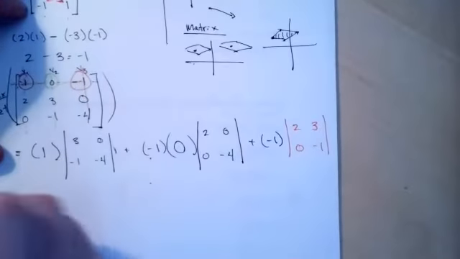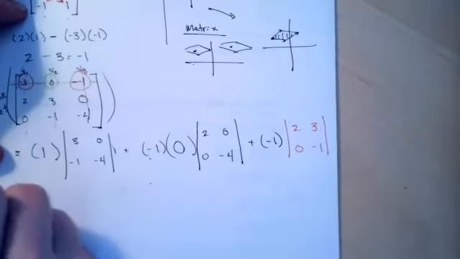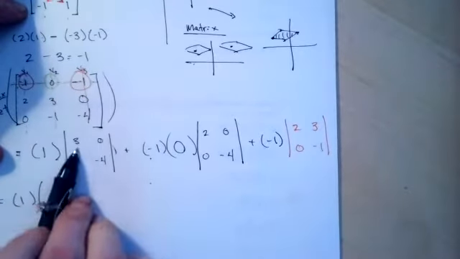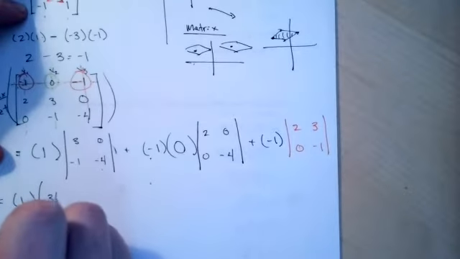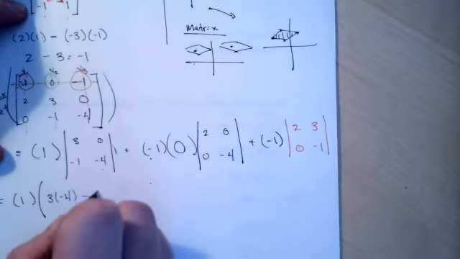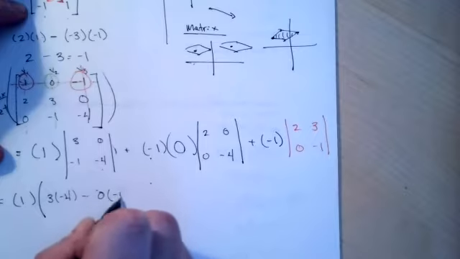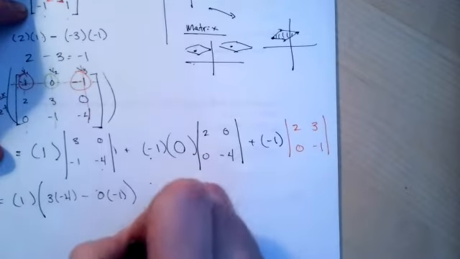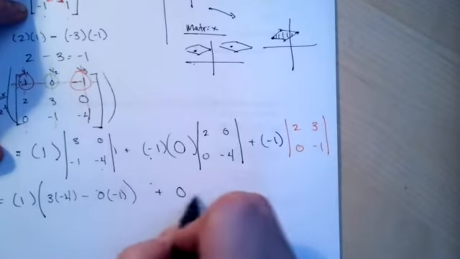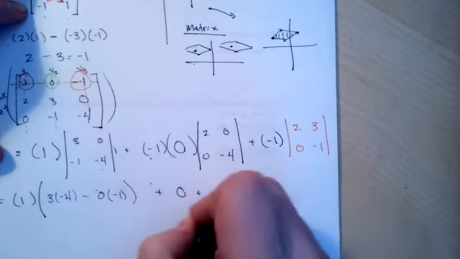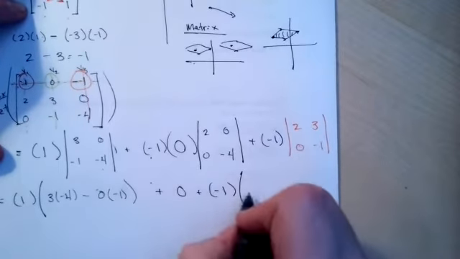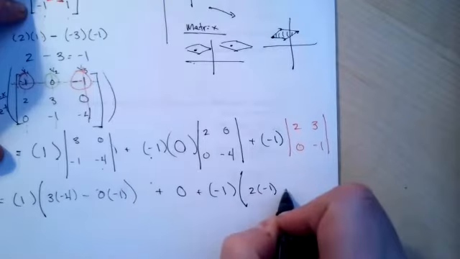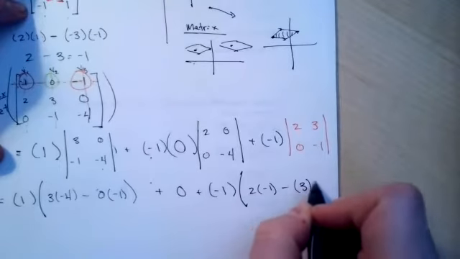So expanding a general 3 by 3 determinant is a little bit lengthy in the computation. So now our determinants of these 2 by 2 matrices, this one will have 3 times -4 minus 0 times -1. This expression in the middle is going to be 0, so I'm not going to bother computing it. But our last expression will have a -1 times 2 times -1 minus 3 times 0.